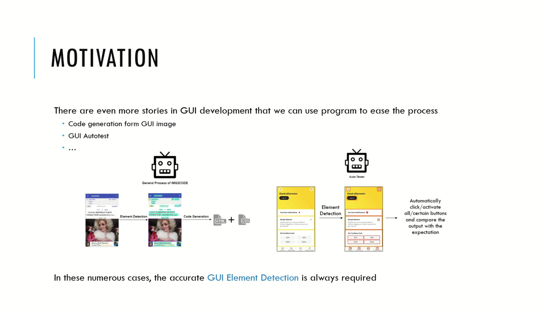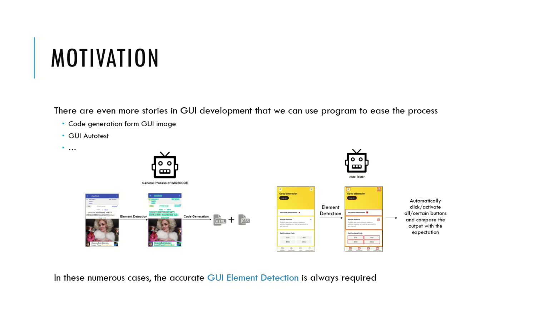So, from the above story, we've seen how the technology can facilitate the developer and the chaos pains for developers and testers, in particular in GUI development. And of course, there are even more such stories in the industry.